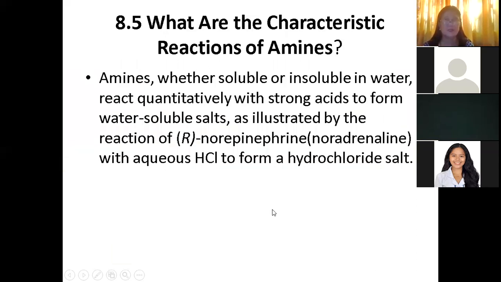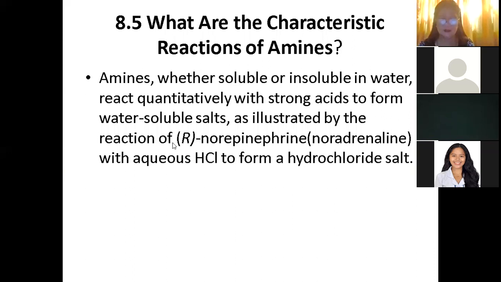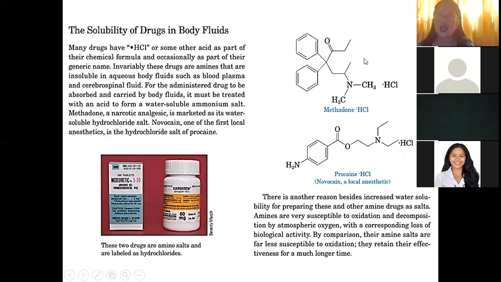So what are the characteristic reactions of amines? The first one is the reaction with HCl. When added with HCl, this will form a hydrochloride salt. For instance, this one, the methadone added with HCl.